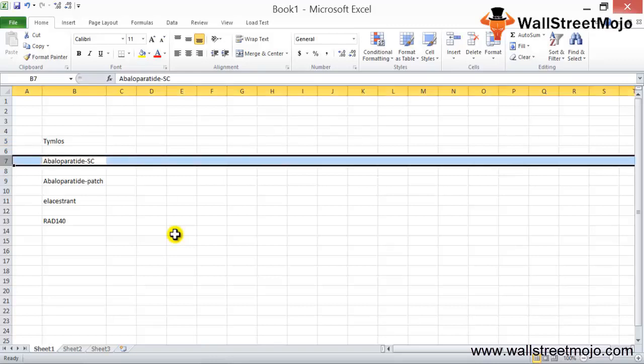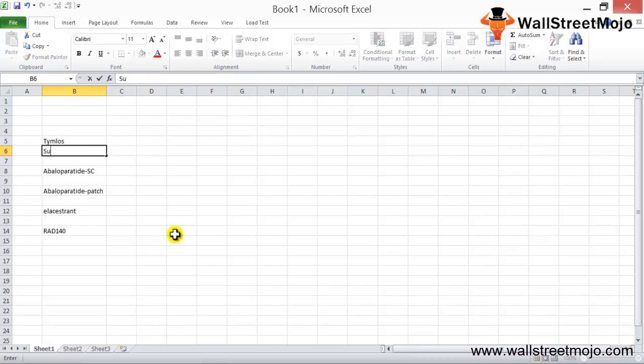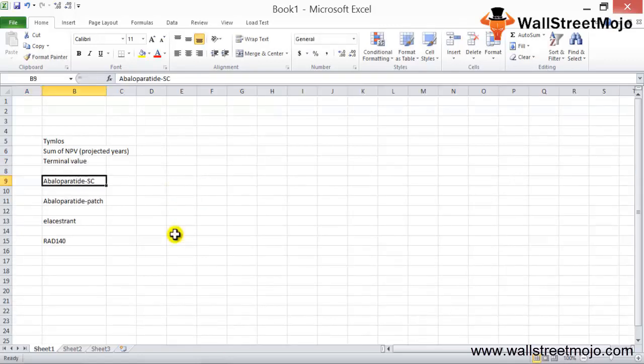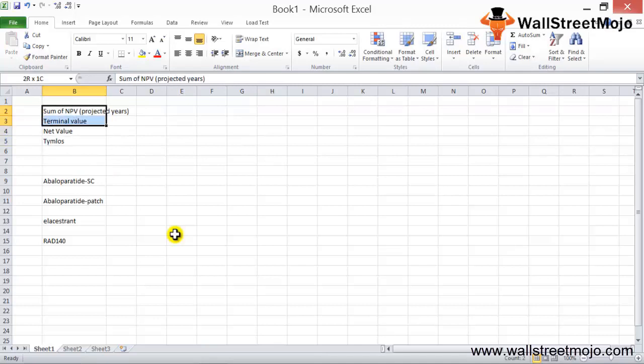Once I'm done with all of that, what I'll be left with is the sum of NPV for the projected years and terminal value. And if we sum them up, that's going to give us the net value. And this is going to be the case for each one of these candidates. So let me just indent them.